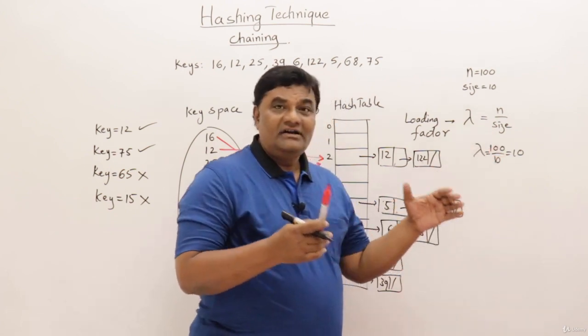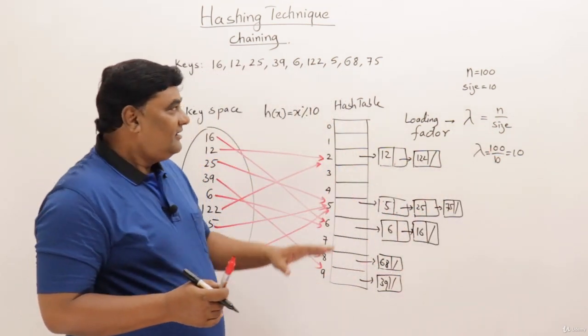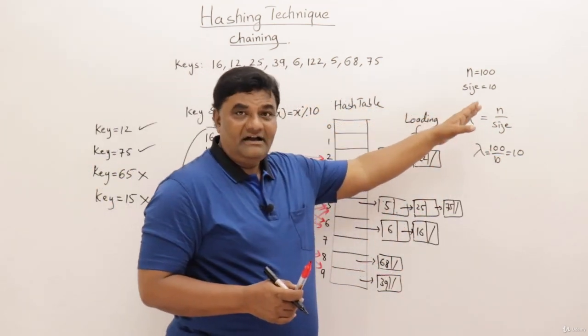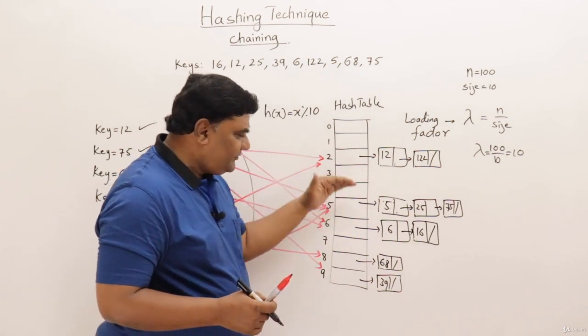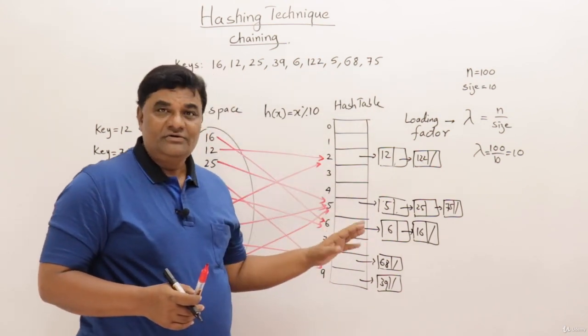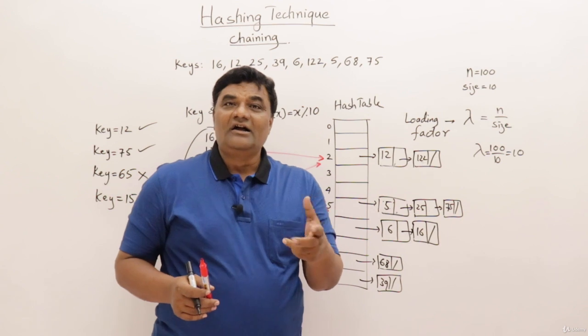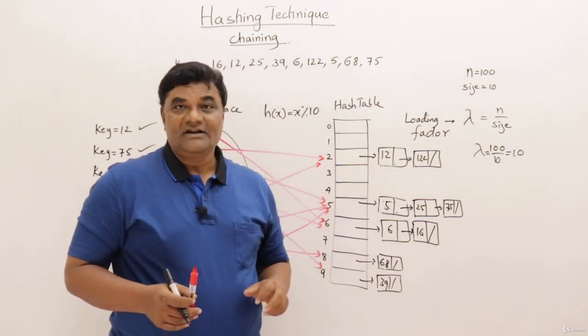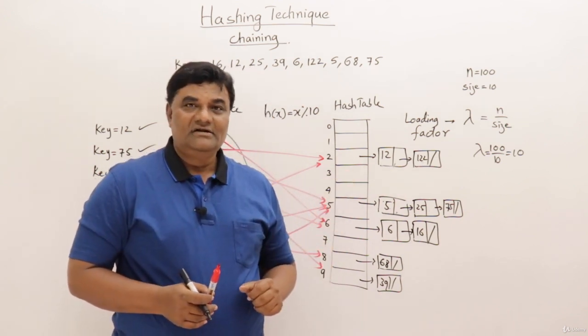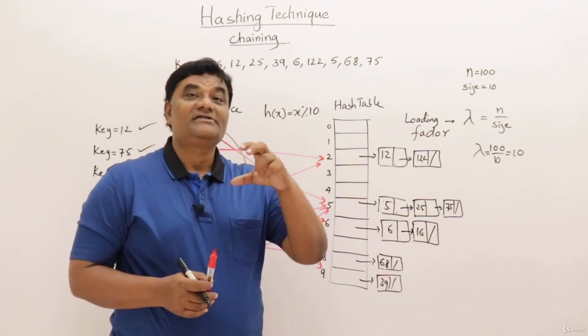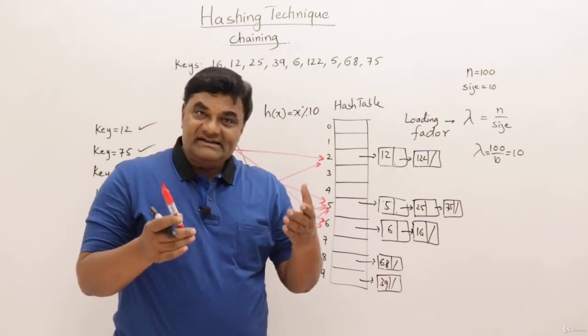With this 10, we are assuming that the 100 keys are uniformly distributed at each location, so each location has around 10 keys. Our assumption may be wrong, but we are expecting this.